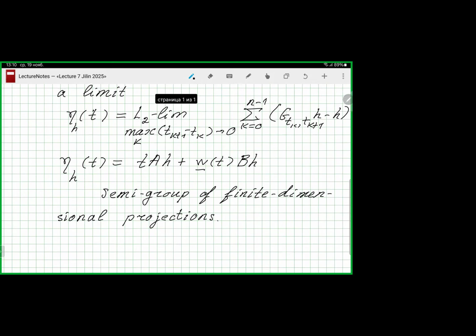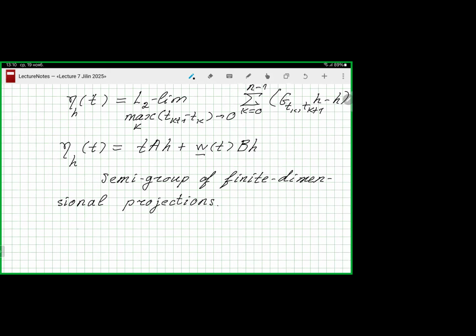So let us fix our Hilbert space H, which is as before a real separable Hilbert space.